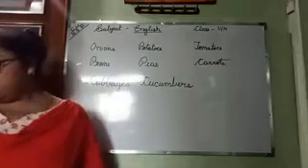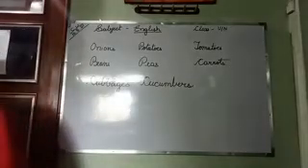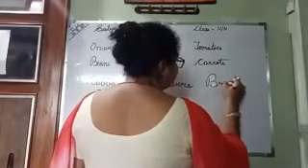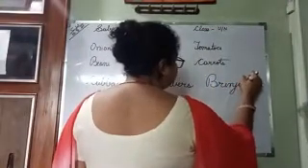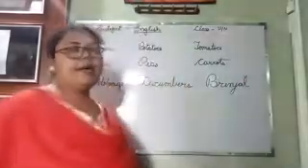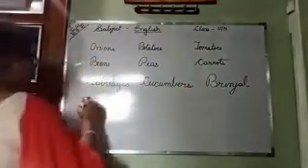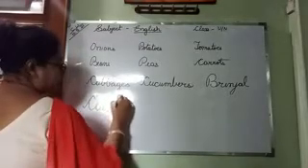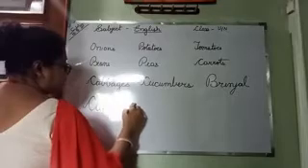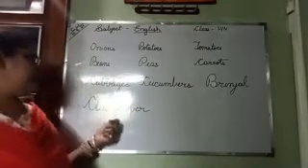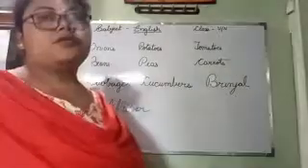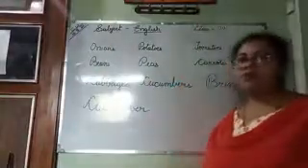Next, we can say brinjal: B-R-I-N-J-A-L, brinjal. Next, cauliflower: C-A-U-L-I-F-L-O-W-E-R, cauliflower.